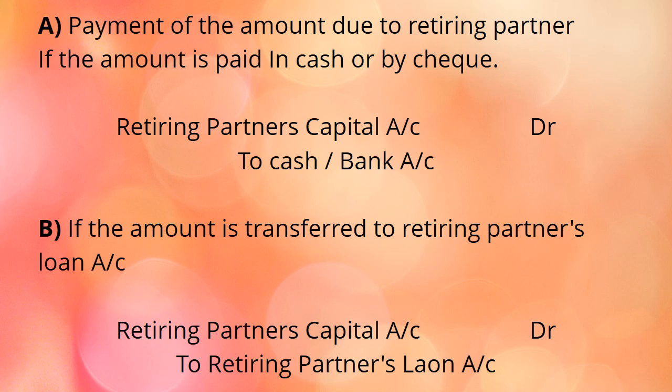That payment can be done in installments, annually, half yearly, according to the decision, the wish of the firm. See the journal: retiring partner's capital account debit to retiring partner's loan account.